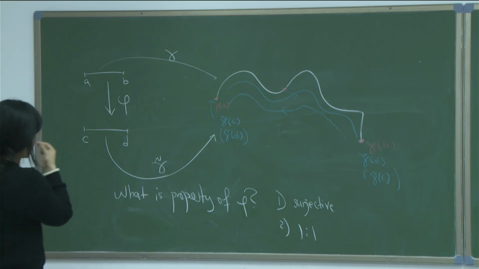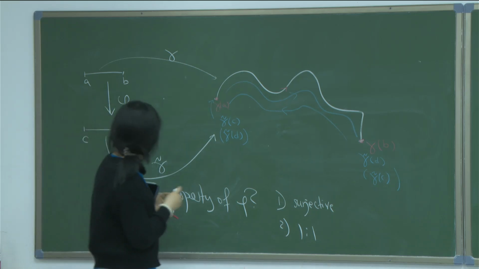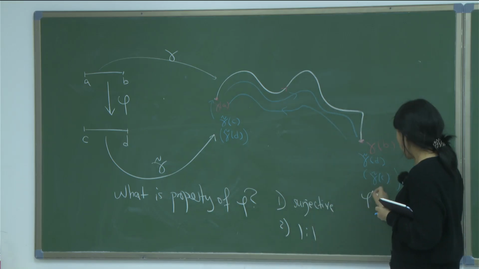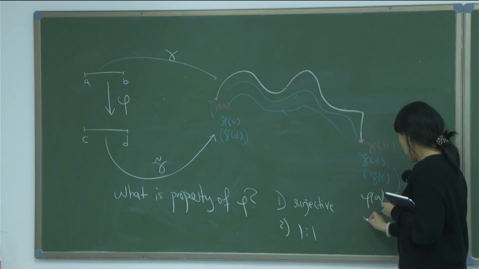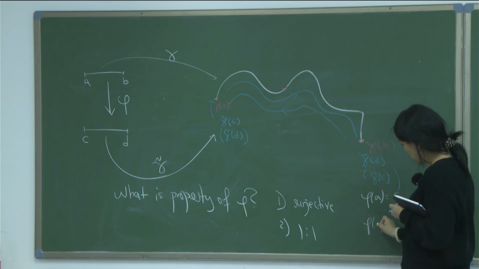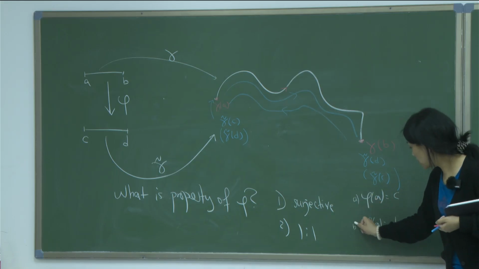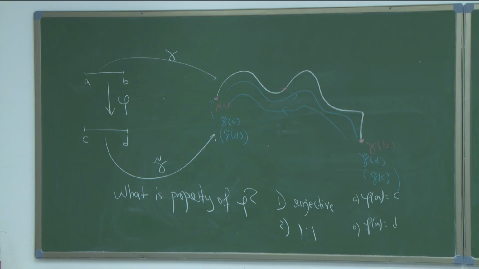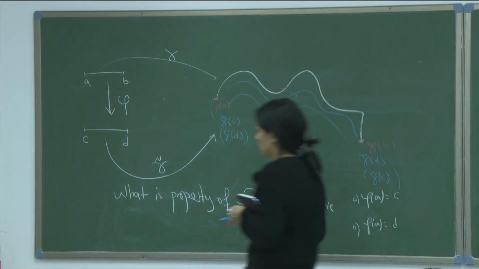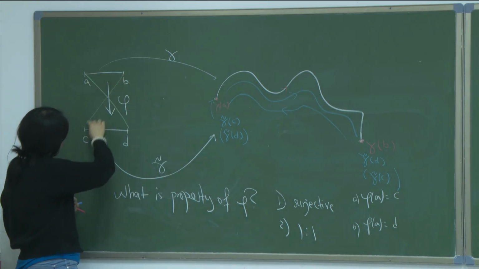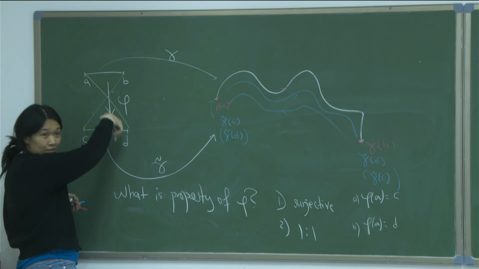In the first case, with the same orientation, I have phi of A is C, and in the next case, we have phi of A would be D. So the question is whether we go this way, or straight ahead down.